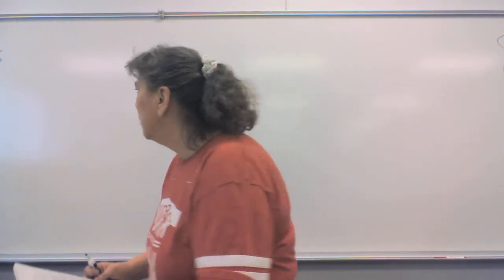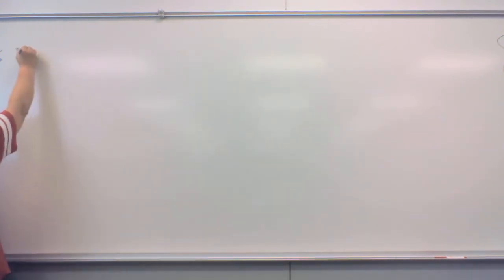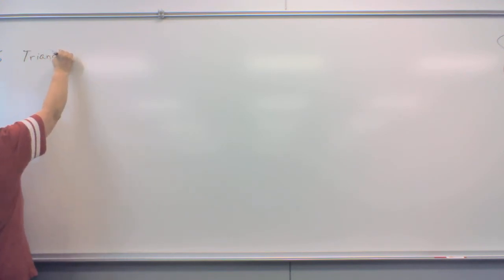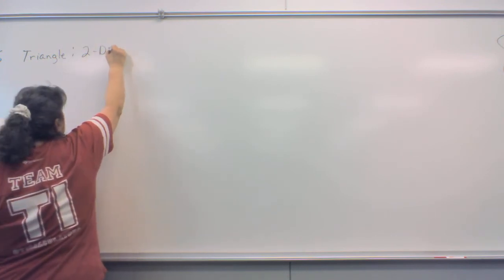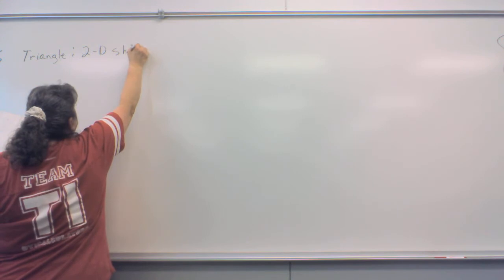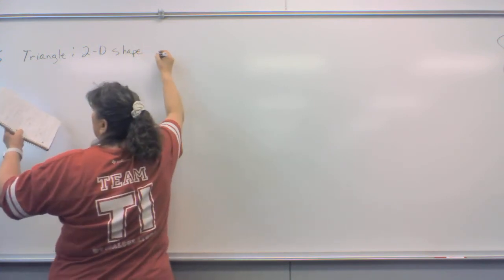A triangle is a two-dimensional shape. 2D for two-dimensional shape. What does a triangle have?